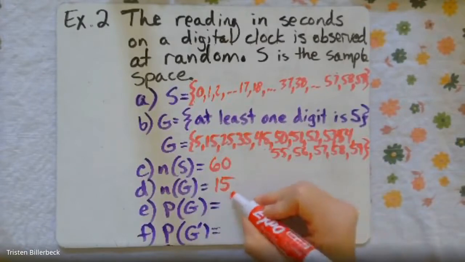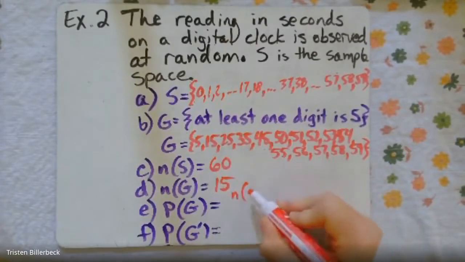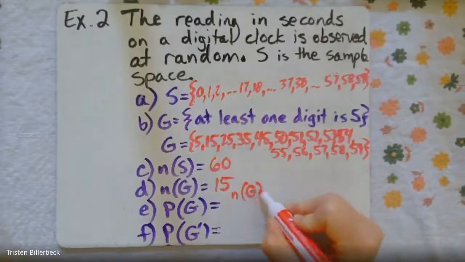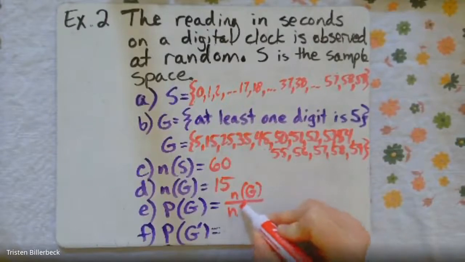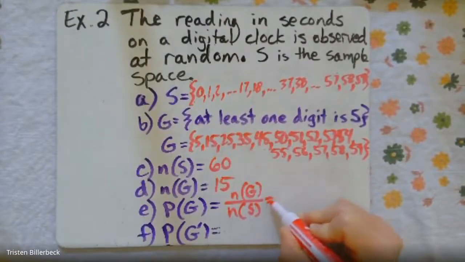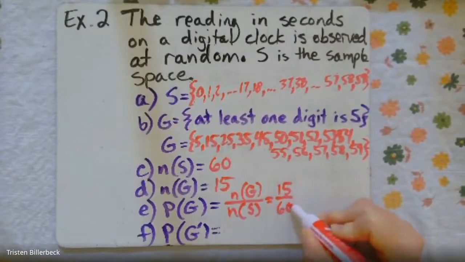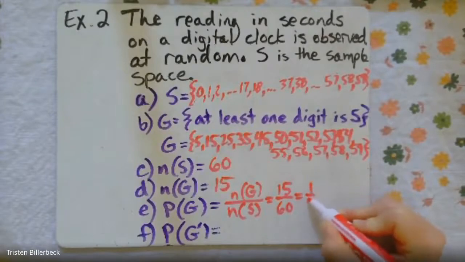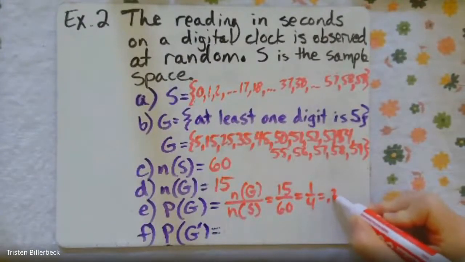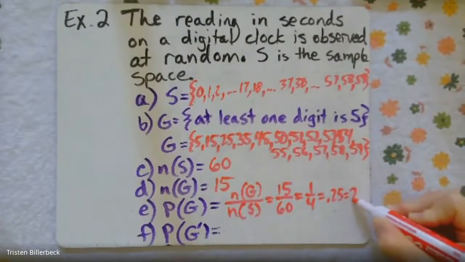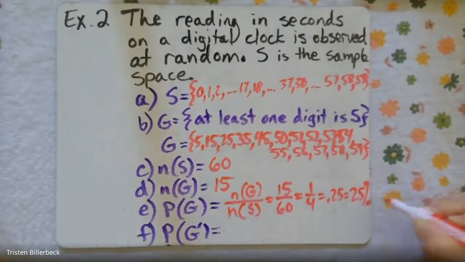So the probability of G happening will be the number of outcomes in G over the number of outcomes in the sample space. So we have 15 outcomes in G and 60 in the sample space, which is 1/4, and that's 0.25 or 25%.